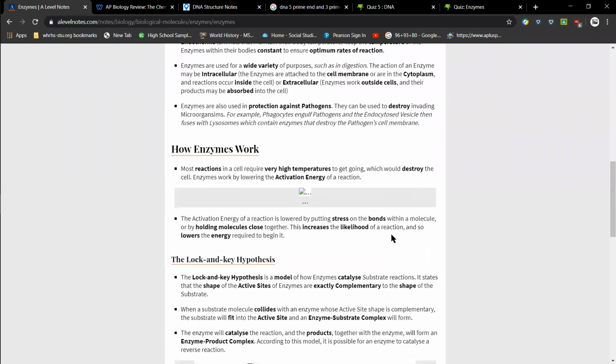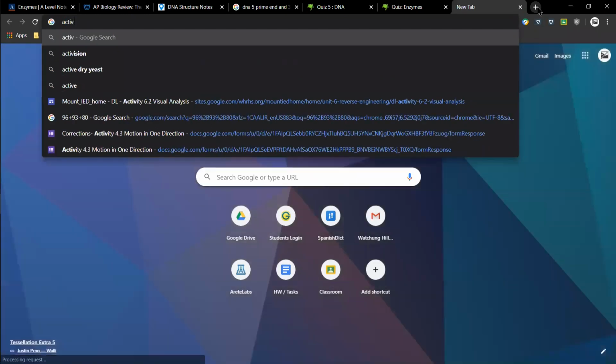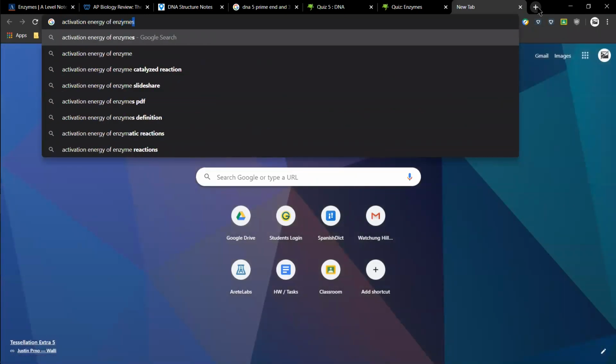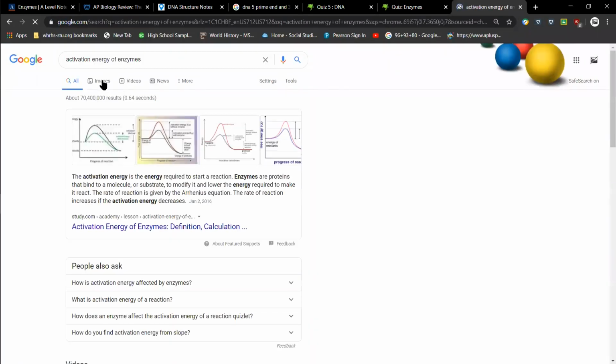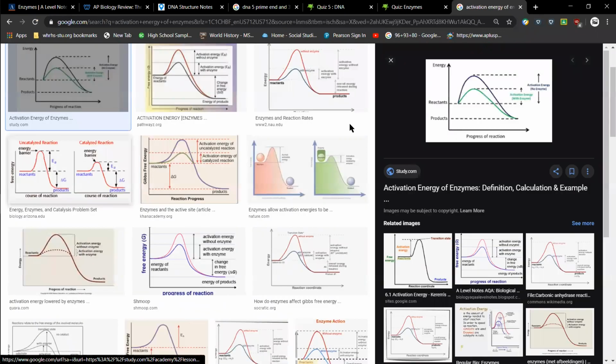So how do enzymes work? Reactions require really, really high energy, and this is what we call the activation energy. I'm just going to show you an image of what this would actually look like. In this diagram, this is what we call an energy diagram.